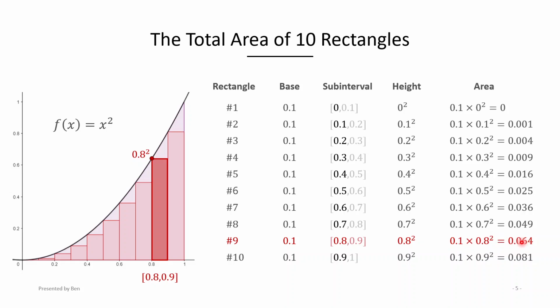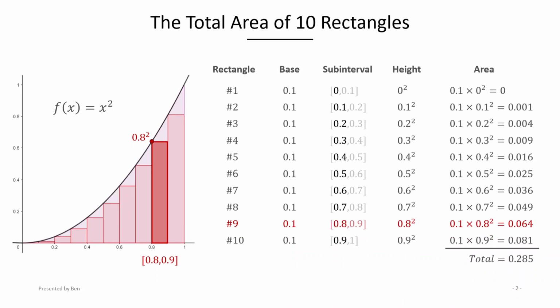With all these areas, we just sum them up and we will get the total. It's 0.285. We know this value is not good enough because the error is very obvious, right? But the calculation is good. The whole calculation is good.